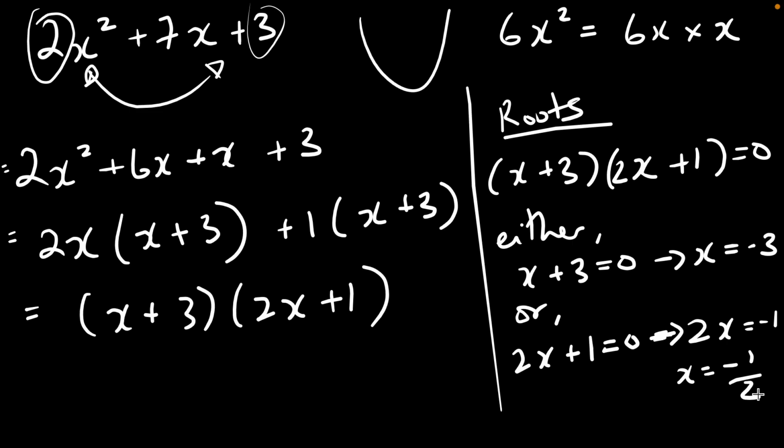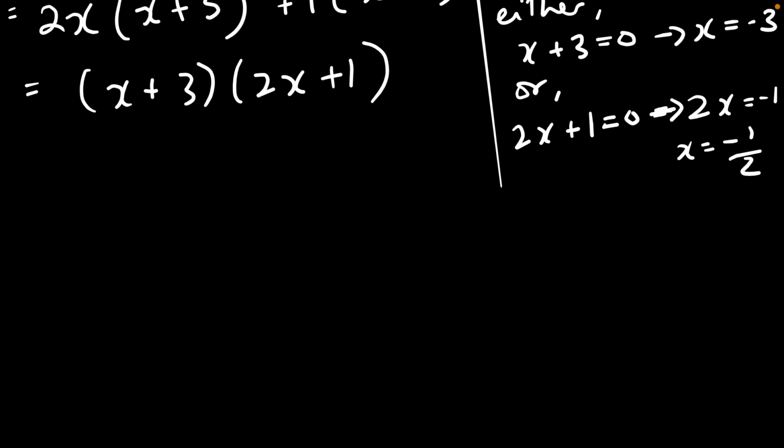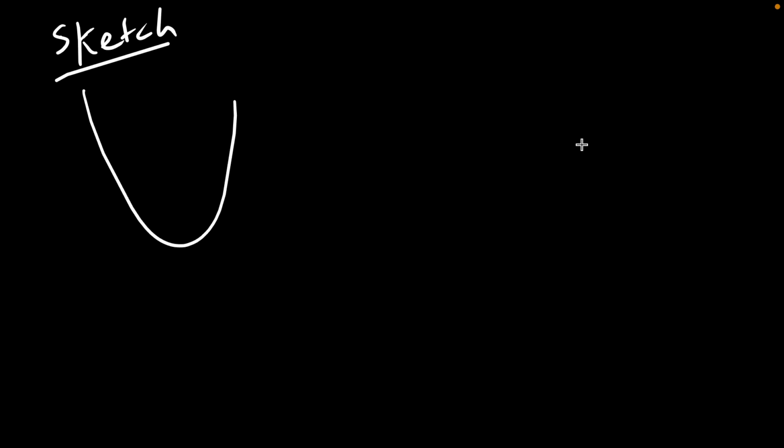And we can sketch that. So we'll have roots of negative 3 and negative half. Let's scroll it a little bit. So if I'm sketching, I'm actually going to write the word sketch. All right. What did we say the roots were?